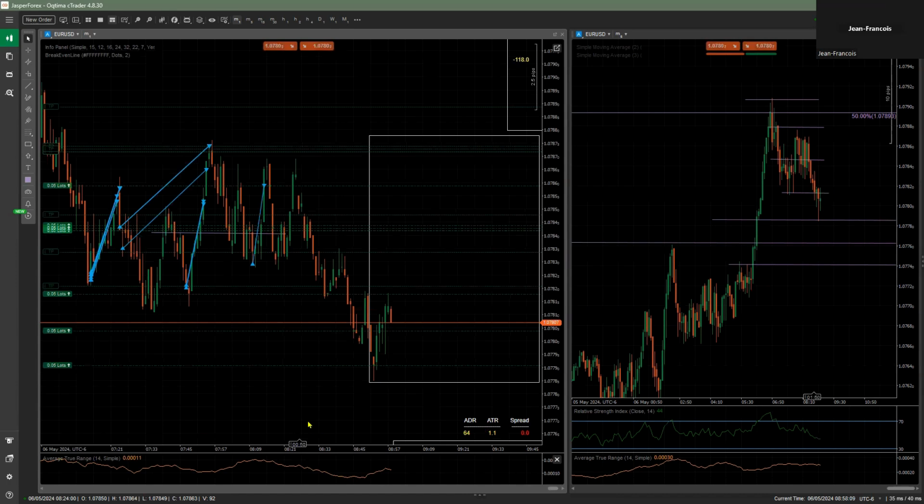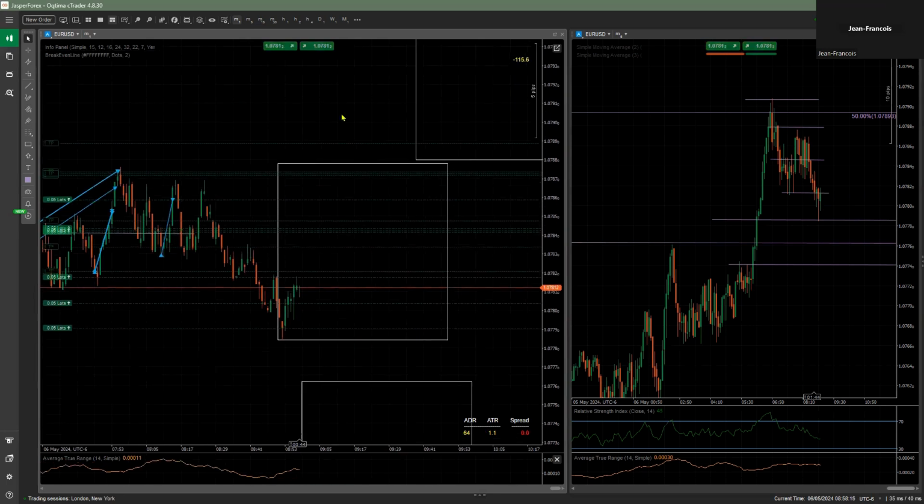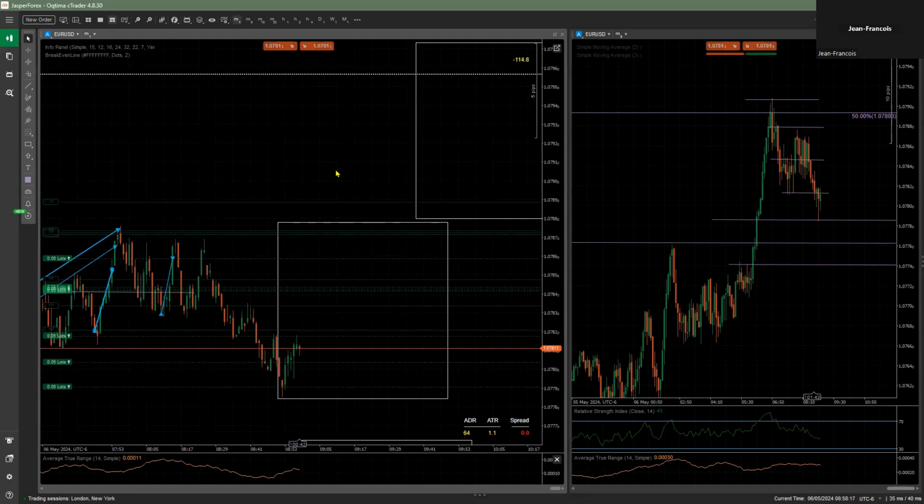Red candle, if you can afford it. London fix coming up.